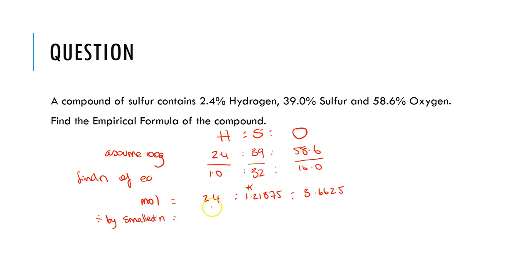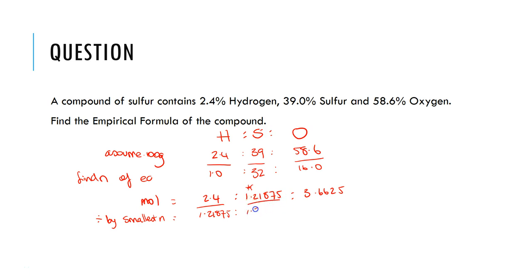And that's going to be 2.4 divided by 1.21875. This is going to be divided by 1.21875, and then this one is going to be divided by 1.21875, and hopefully you see where we're going.